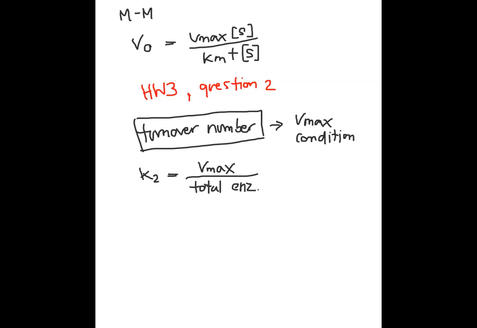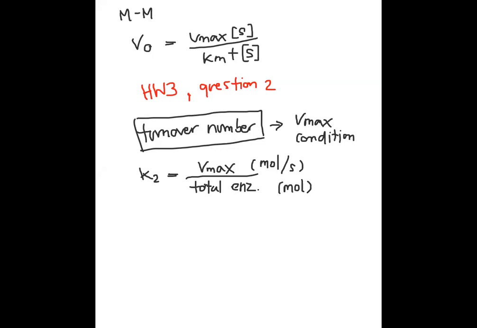Vmax is usually mole per second or mole per minute, and the total enzyme should be in mole units. So what does the turnover number tell you? Basically, it refers to how many times your enzyme gets used to produce the product and reach that Vmax condition.